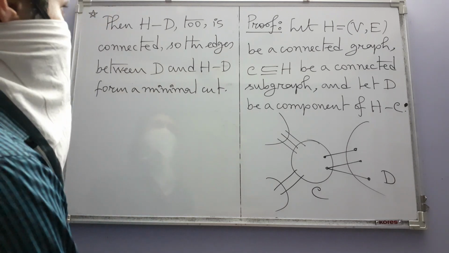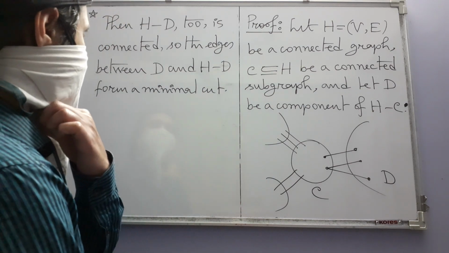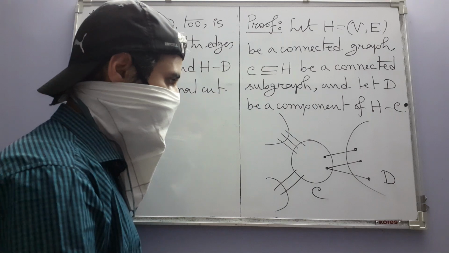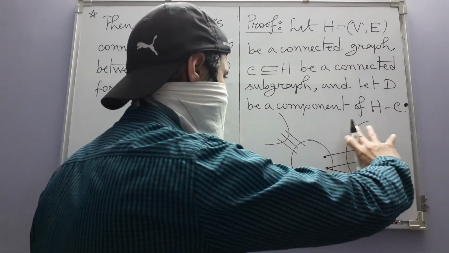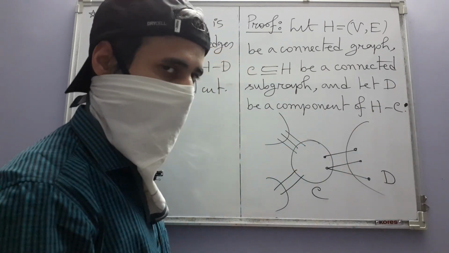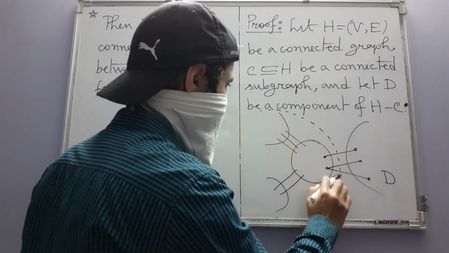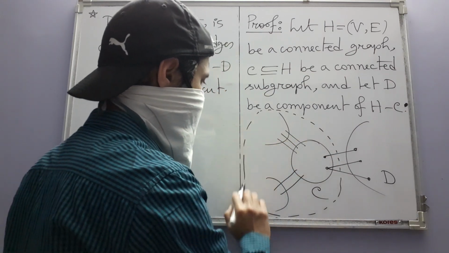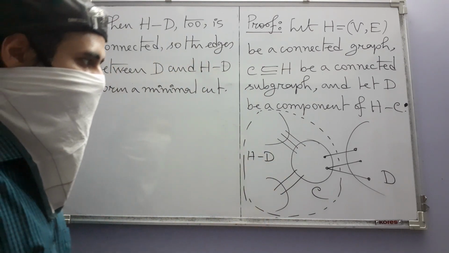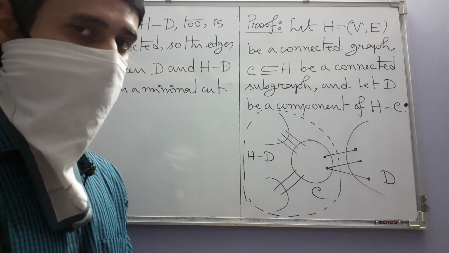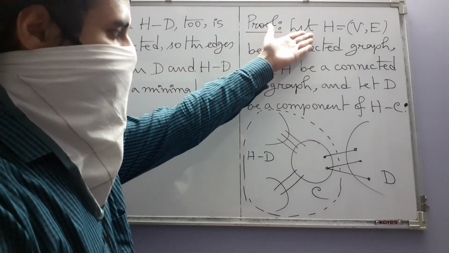Okay, so now what is happening here? Then he writes, if this is the situation, then H minus D is connected. If instead of removing C from H, say you remove D from H, then H minus D is this rest, whatever is left. Why is that connected? Because if it is not connected, then our original H would not be connected.